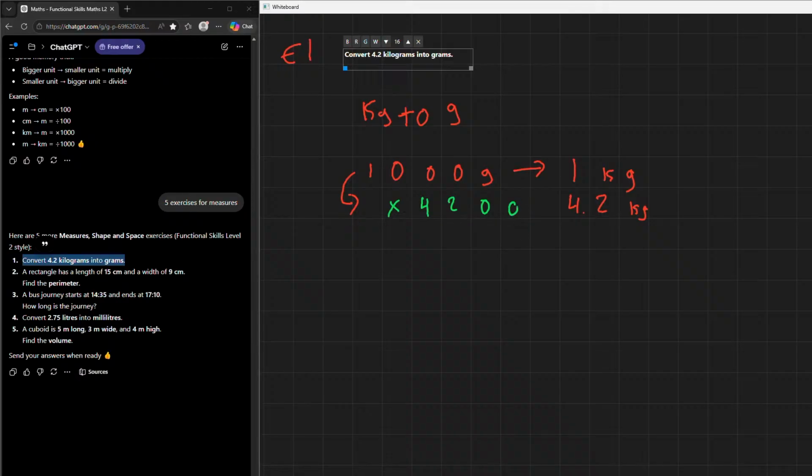So we have 1, 2, 3, 4, 5 zeros. Is it 42,000 grams?